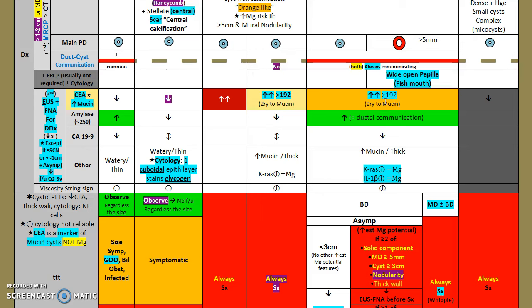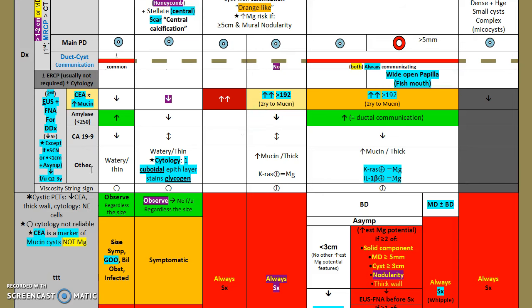The only two types that have this high level of CEA, more than 192, are the mucinous and the IPMN, because both of them produce mucin. Don't need to focus much on the other features like amylase and CA19-9.